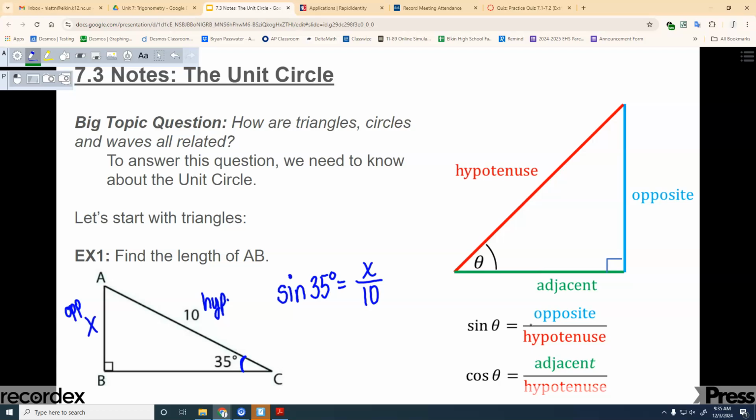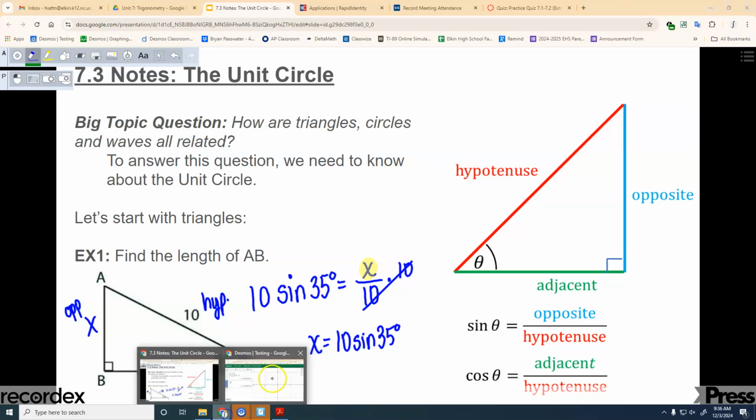Okay, so if I do that, then I'm trying to solve for that x right there, and I would multiply both sides by 10 to get rid of it. So x would equal 10 times sine of 35 degrees, and then I could just go over to Desmos and type that in.